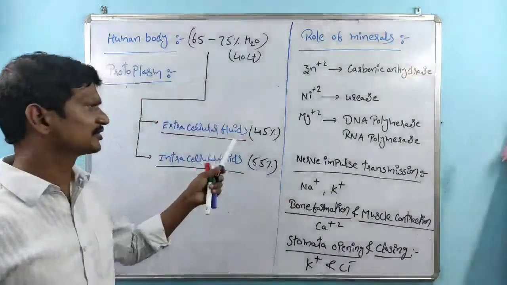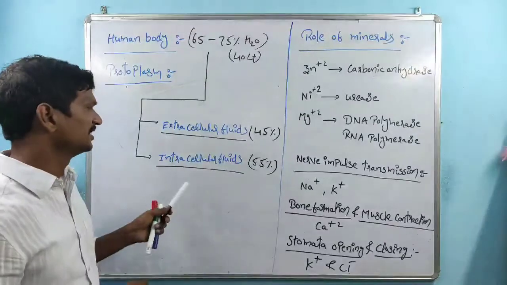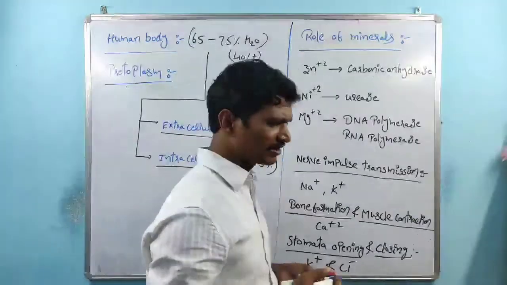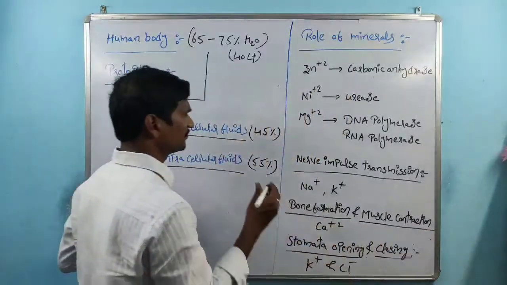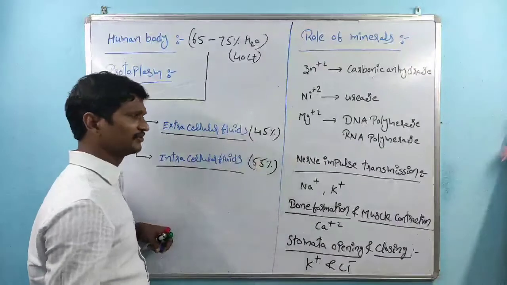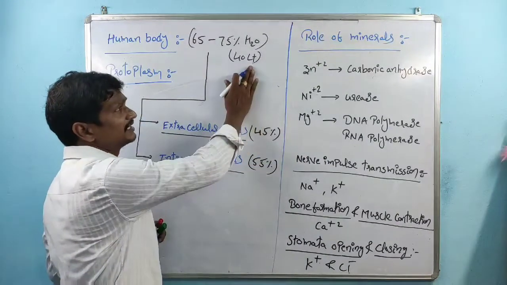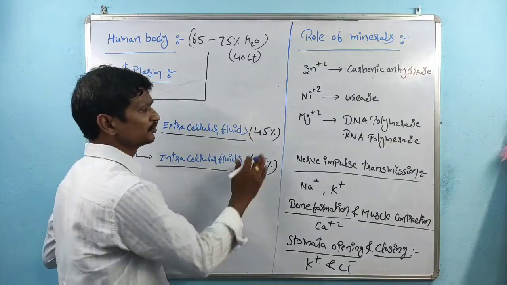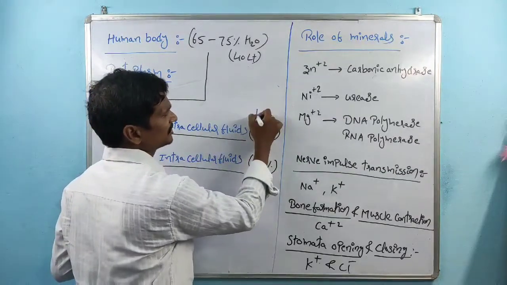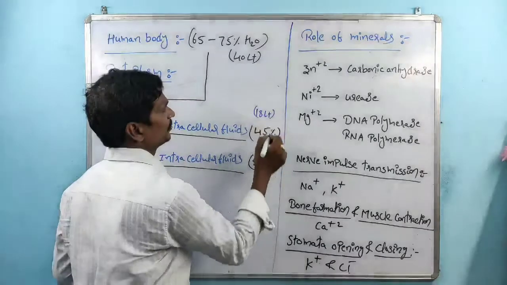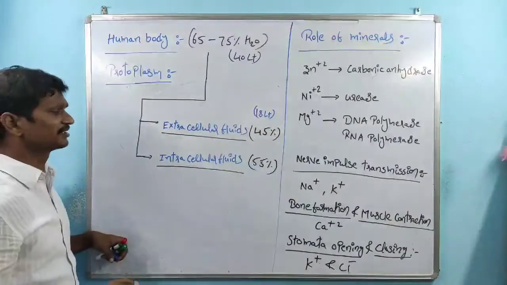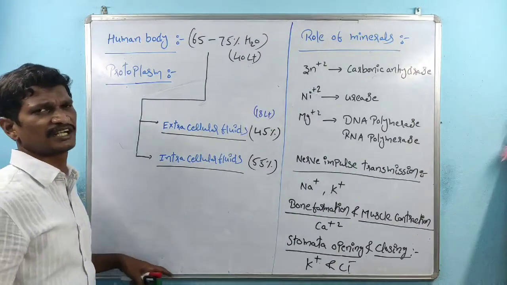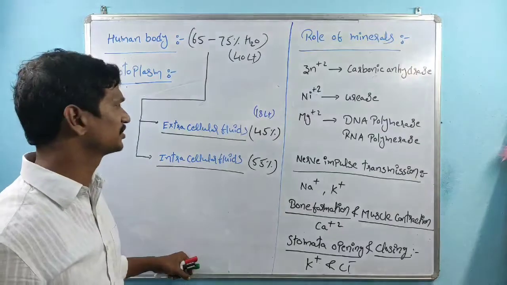The extracellular fluid percentage is 45%, and the intracellular fluid percentage is 55%. Remember, the total content is 40 liters. So 45% of that is 18 liters. The major one is the intracellular fluids, because the cells have cytoplasm, and cytoplasm contains water.